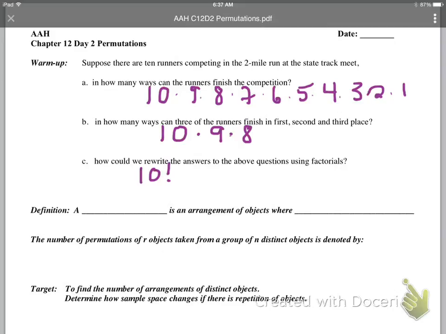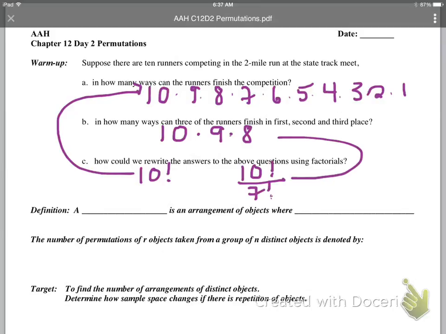And for the second part, this one I think is harder to see, but what we could do is think of this one as 10 factorial divided by 7 factorial. And let me show you, that'd be because you have what I have up in part A. So 10 times 9 times 8 times 7 times 6 times 5 times 4 times 3 times 2 times 1.